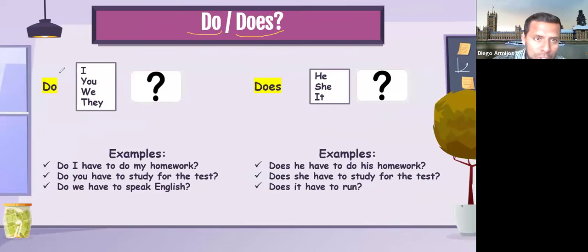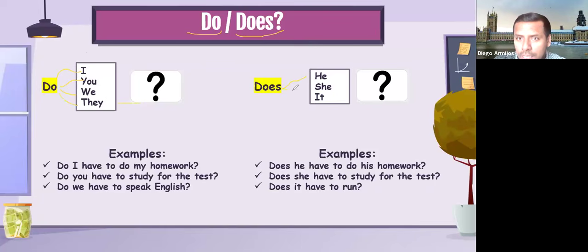Okay, for example, do I, don't forget the intonation, do I have to do my homework? Do you have to do my homework? Do we have to do my, etc. Okay, so don't forget about this. We're gonna use do at the very beginning, and then you're gonna use the personal pronoun and then the complement. Okay, the same happens for the singular.